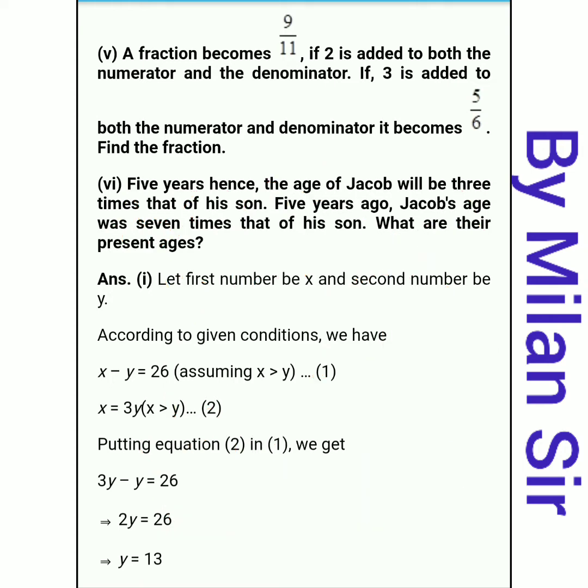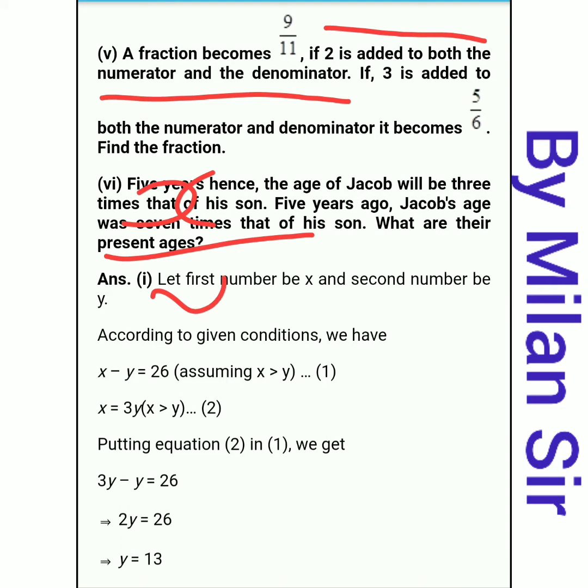So first equation: it is given that a fraction becomes 9 upon 11 if 2 is added to both the numerator and denominator. Our original fraction is x by y, right? Now we need to add 2 to the numerator and denominator both.